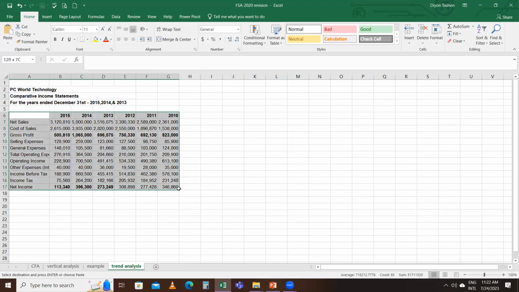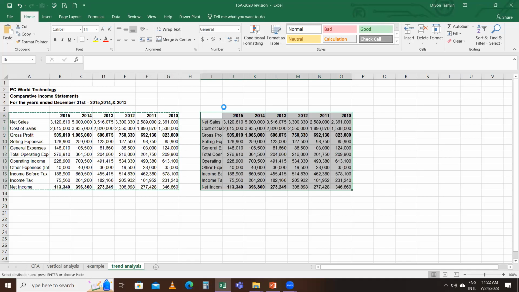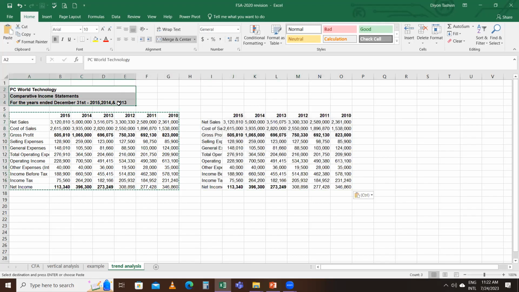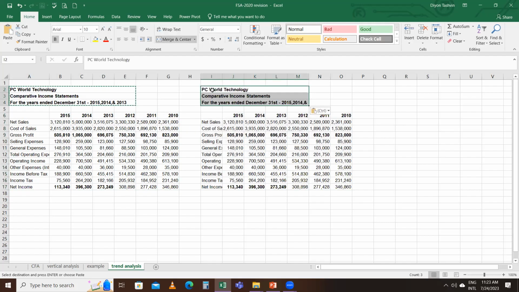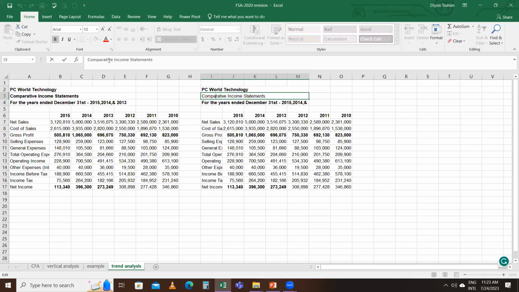So I'm going to copy the whole data, paste it, and rename it as the same company, trend analysis of income statement.